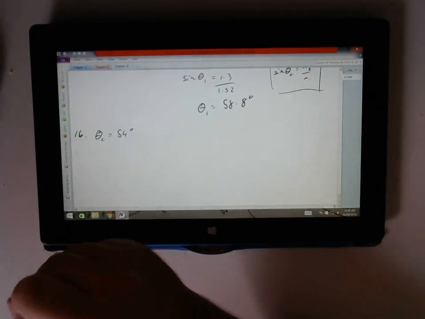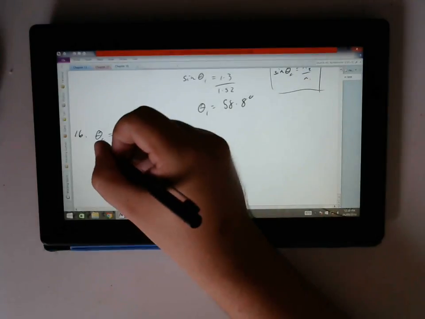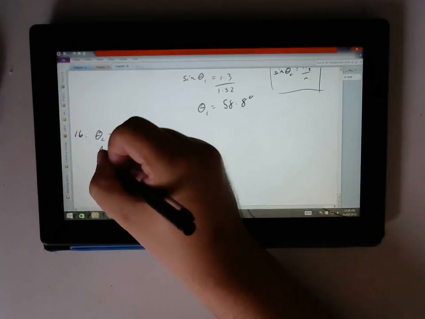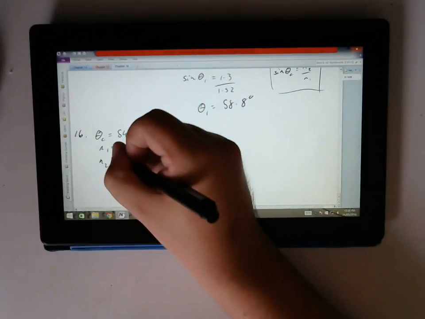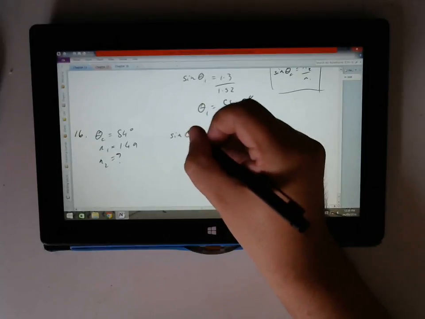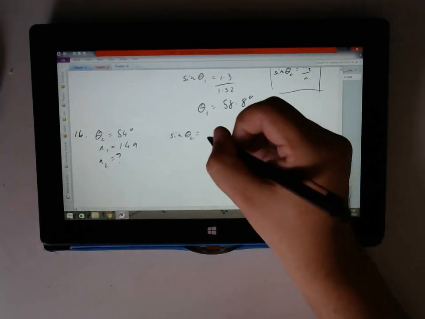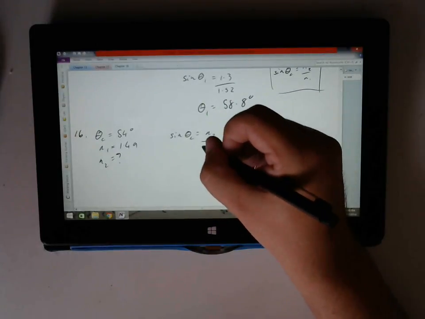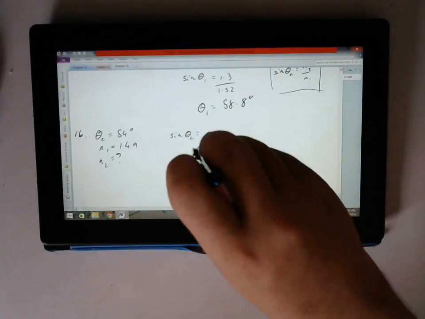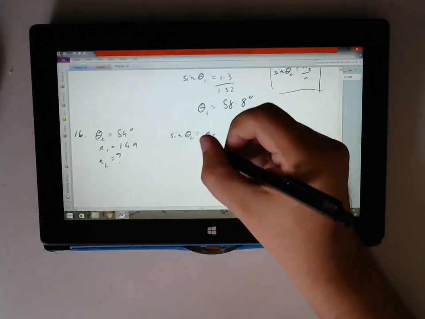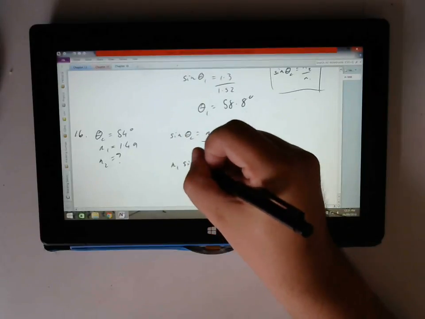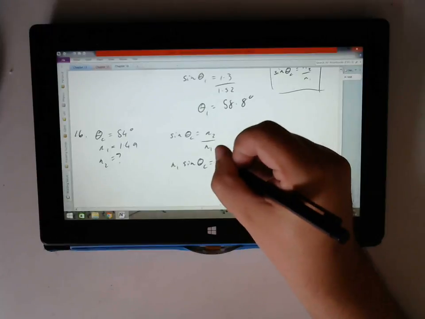All right, we know that the first medium, N1, equals 1.49. We want to know what is N2. Okay, so let's just use what we derived a second ago. Sine theta c equals N2 over N1. Let's do our proper substitution methods. Okay, so we're going to have N1 sine theta c equals N2.